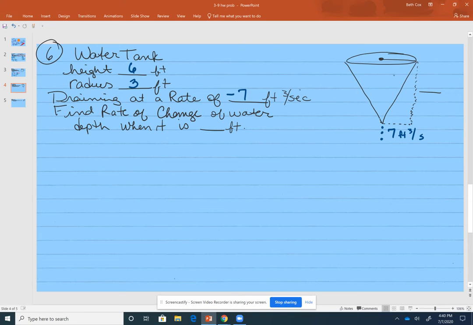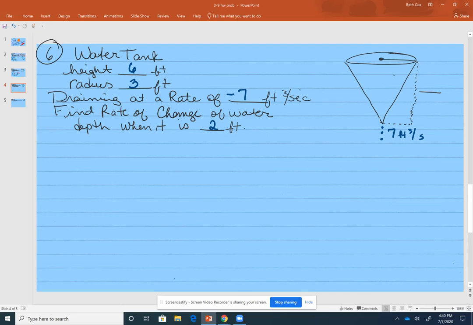All right, and so now what's the rate of change of the water depth when the water is at 2 feet? Okay, so that's what we are trying to find when the water is at 2 feet.